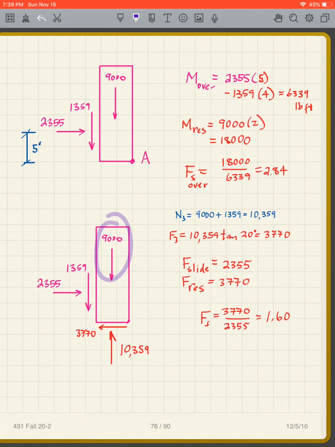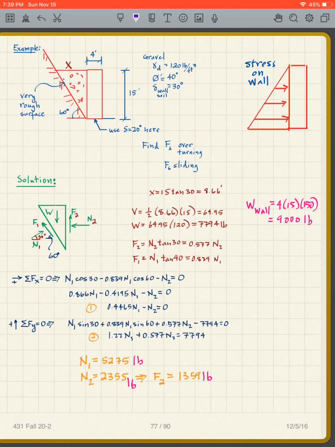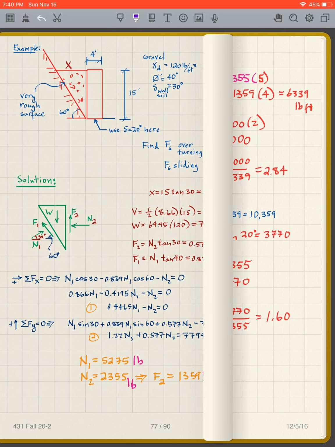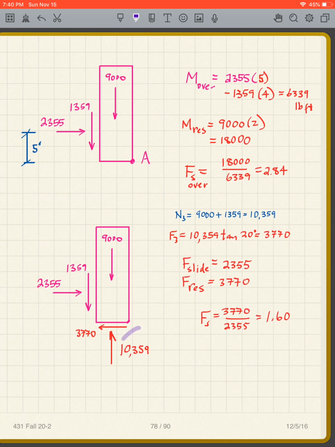Then, now notice at the base over here, so now I'm at the base. I said use delta equals 20 here. So I'm going to use tangent of 20 degrees. So 10,359 times the tangent of 20 gives me the 3770.